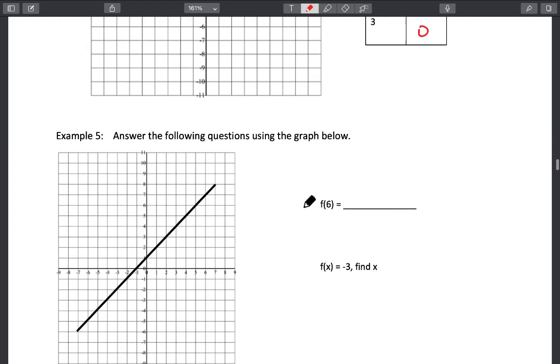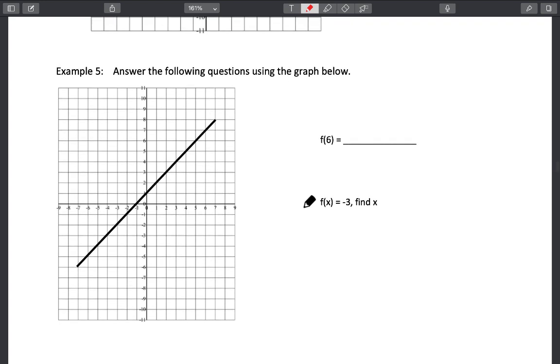All right, one final example for today. It says to answer the following questions using the graph below. Now when we answer this question, it says to find f of 6. You have to know how to interpret this f of 6. Well, this 6 is our x value. So we're going to go over to our graph where x is equal to 6, and we're going to look up to the point that exists on the graph.